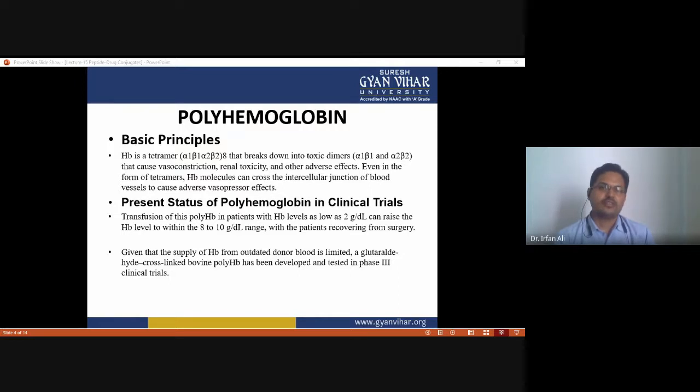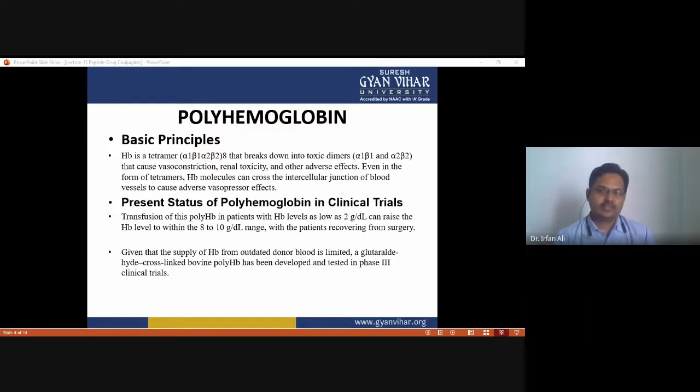Researchers in the United States performed a multi-center, multinational, randomized, single-blind, RBC-controlled trial in patients undergoing elective orthopedic surgery. A total of approximately 700 patients were randomized in a 1:1 ratio to receive either the polyhemoglobin or RBC at the time of the first perioperative RBC transfusion decision.